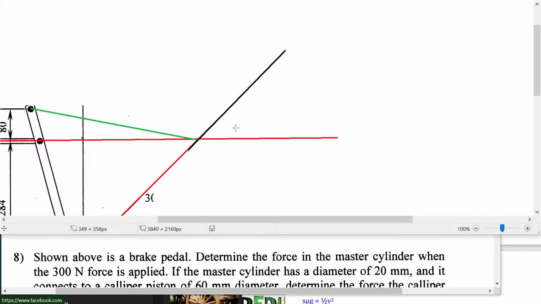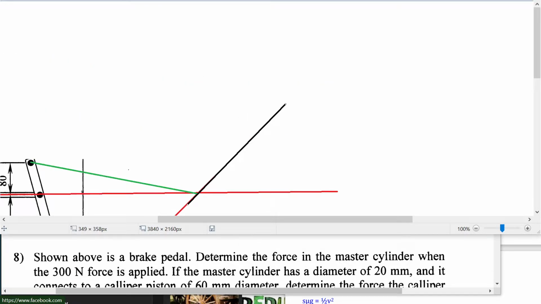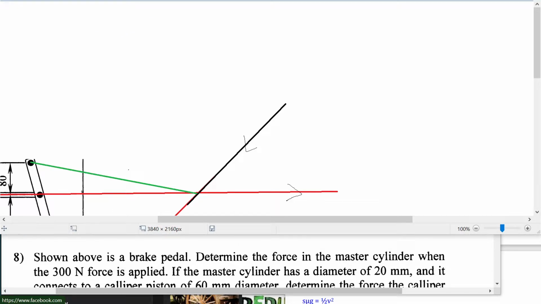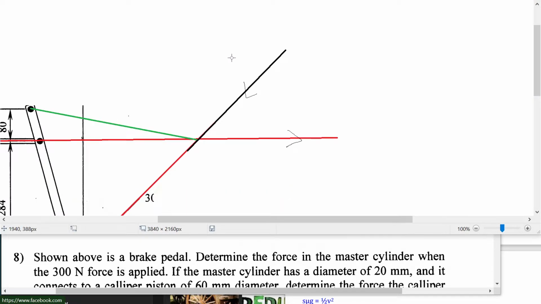Now, we know that one's going down because they've given us an arrow. And we're pretty confident this one's going out here. So we need to continue. Either they're all going clockwise or they're all going anti-clockwise, because we're going to assume these 3 forces are in equilibrium. Now, the issue here is we need to draw a line that is parallel. I can continue that line.